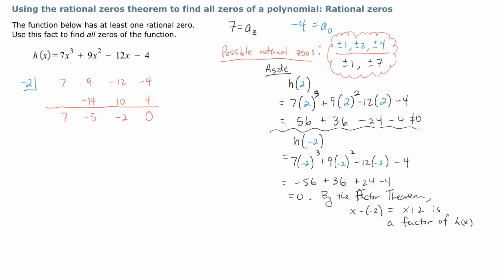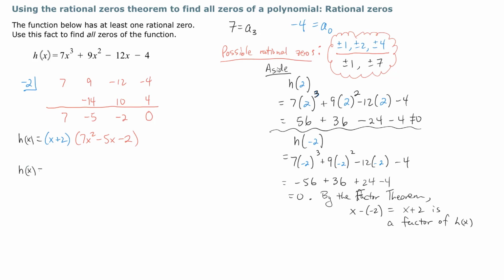Now, this tells us a lot about h of x. H of x is now equal to the quantity x plus 2 multiplied by 7x squared minus 5x minus 2. And can we factor this? Let's find out.